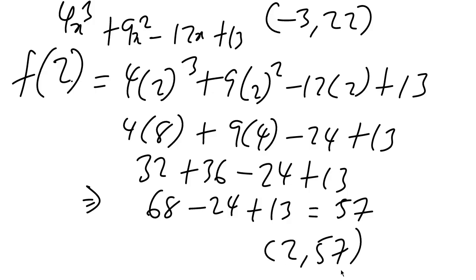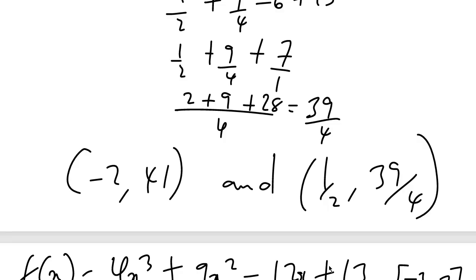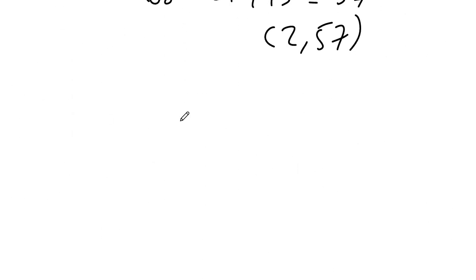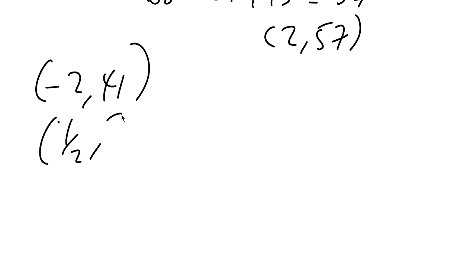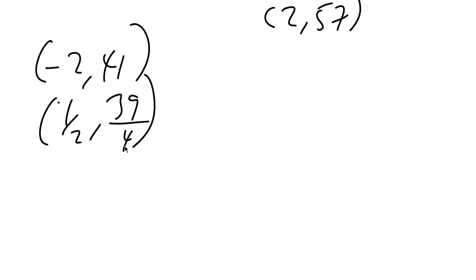So now you can see that we've gotten 4 points. The first point was -2, 41. The second was half, 39/4. The third point was what? -3, 22.